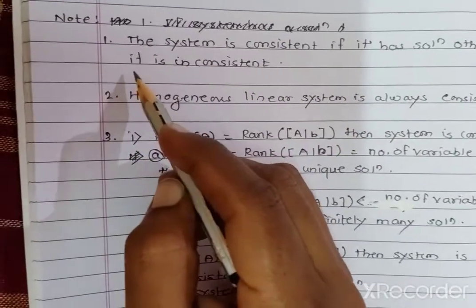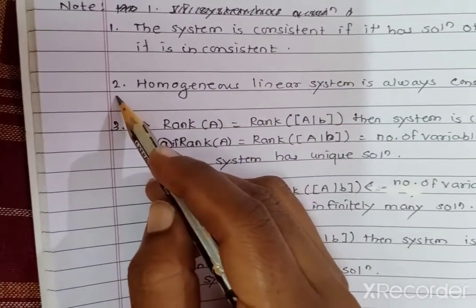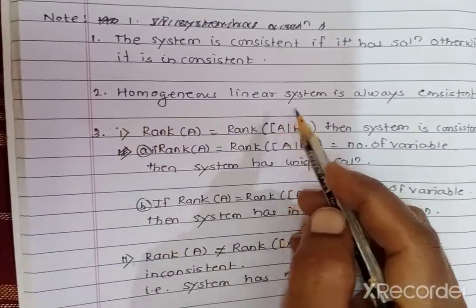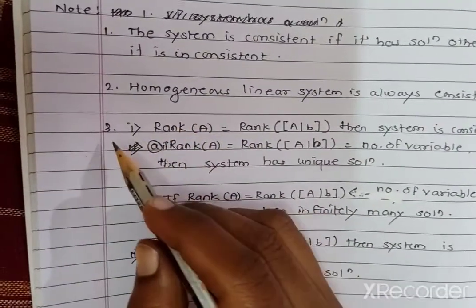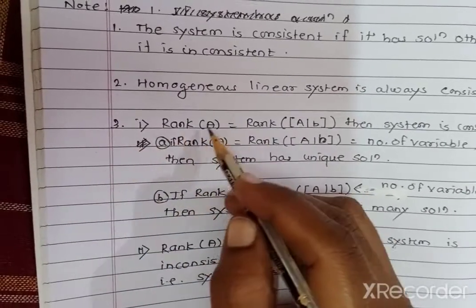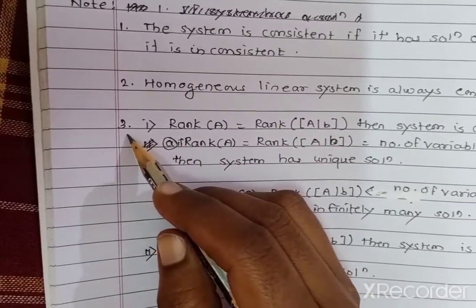Otherwise we say it is an inconsistent system. Second note: a homogeneous linear system is always consistent. Third note is related to the solution.